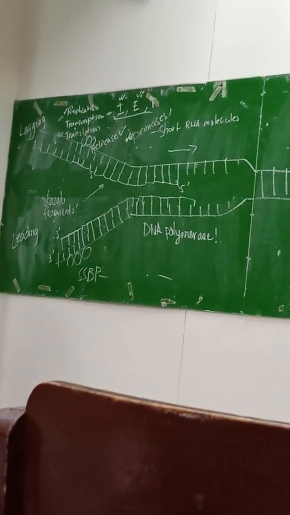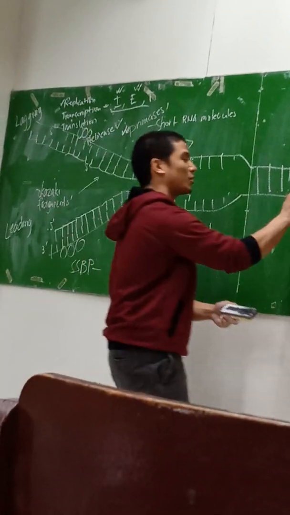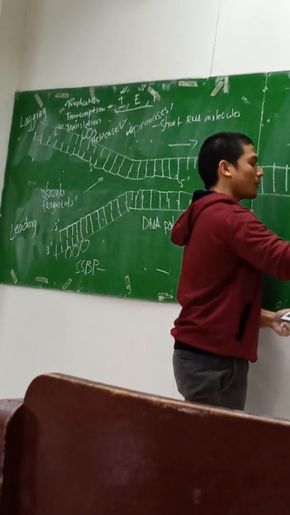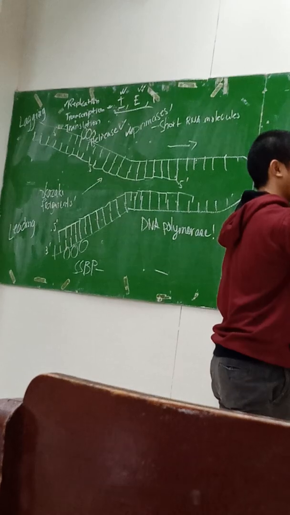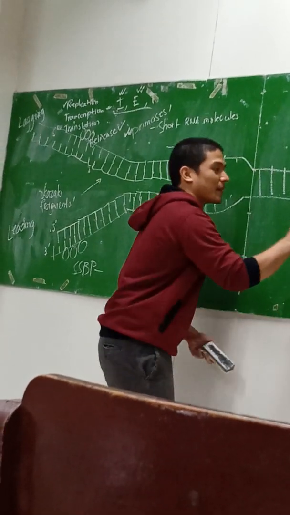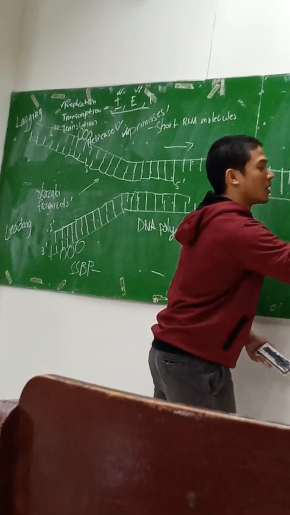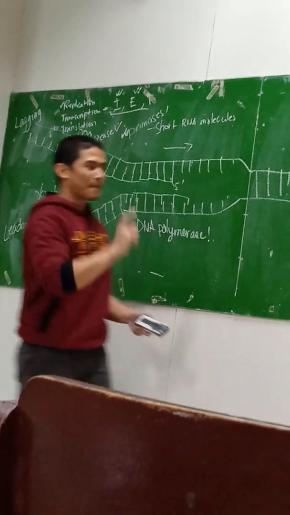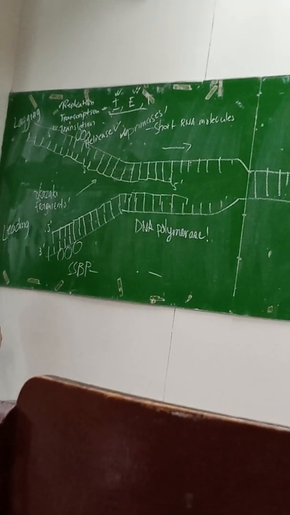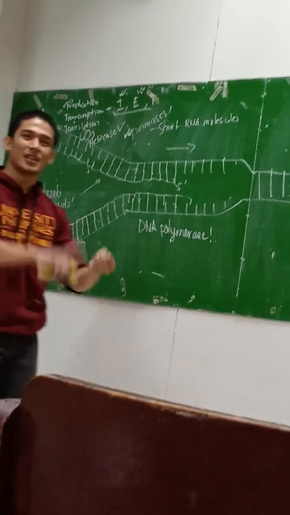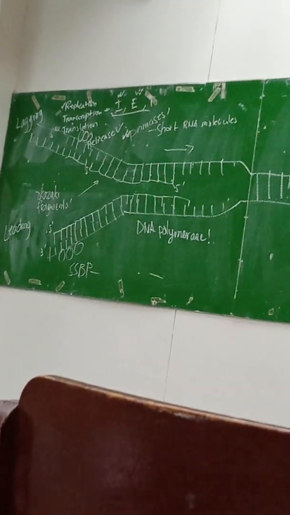So this is the whole point why DNA replication is said to be semi-discontinuous. Kasi medyo pahinto-hinto siya. Bakit medyo? Kasi ito pahinto-hinto, ito diretso. Gets? Okay, so this explains why you have your leading strand and your lagging strand in the process of replication.